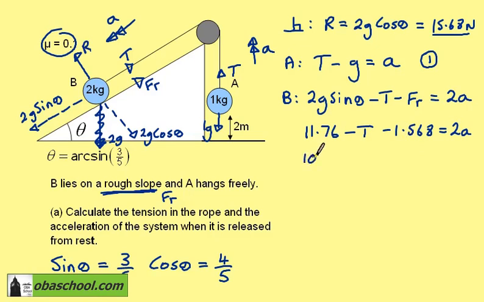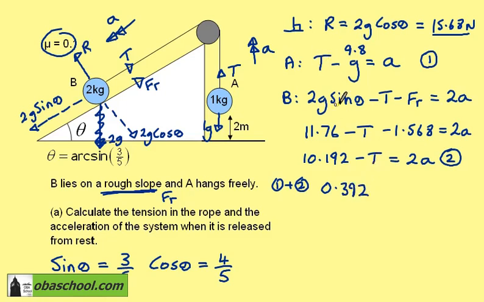Combining these two, we get 10.192, take away T is 2a, and we'll call this equation 2. G we take to be 9.8, and doing equation 1 plus equation 2 gives 10.192 take away 9.8.